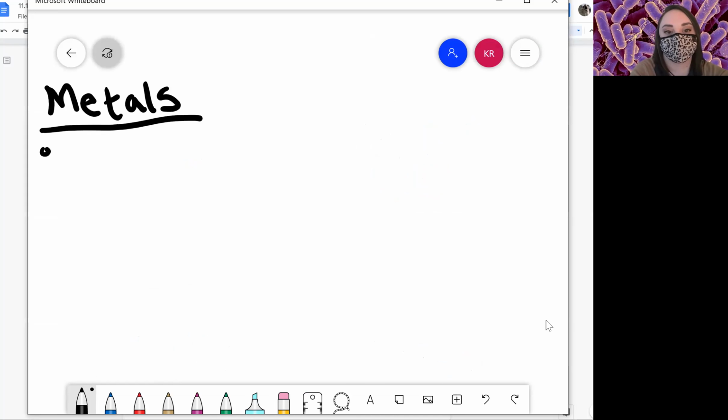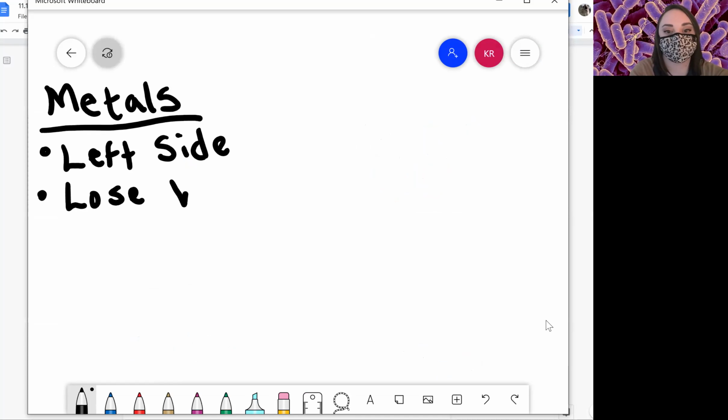Metals are on the left side of the periodic table. They have to lose their valence electrons, okay?